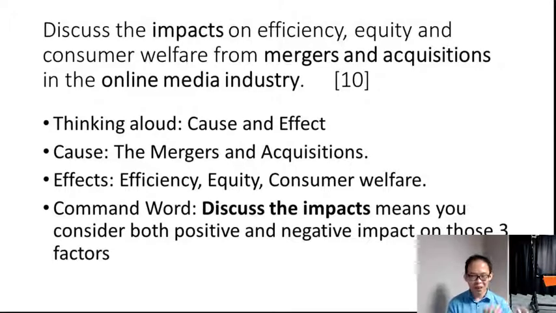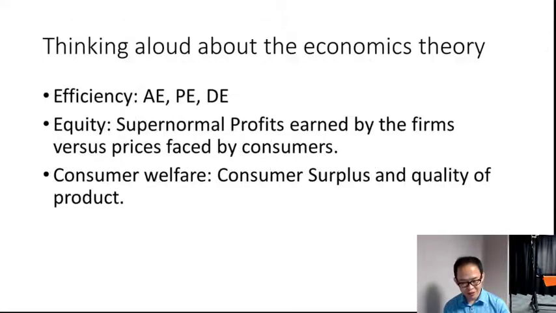The first thing that happens is the mergers and acquisitions. They are asking for the impact of these on three criteria: efficiency, equity, and consumer welfare. The command word is discuss the impacts, meaning that you should consider both positive and negative impact on these three criteria.